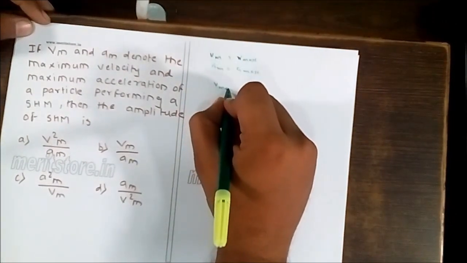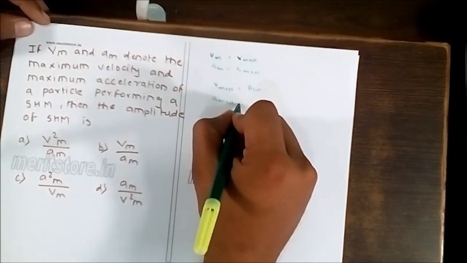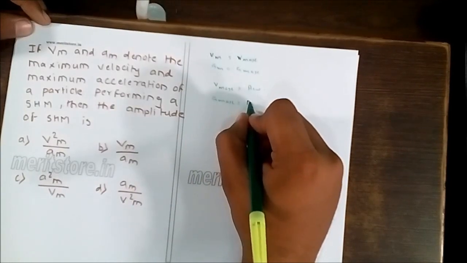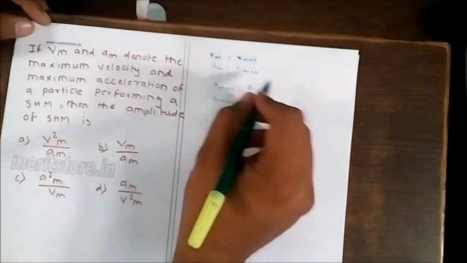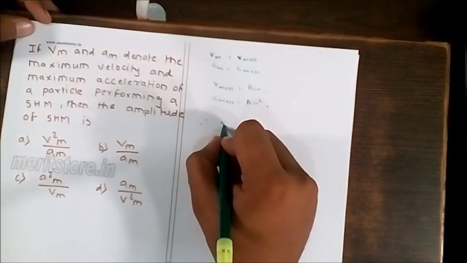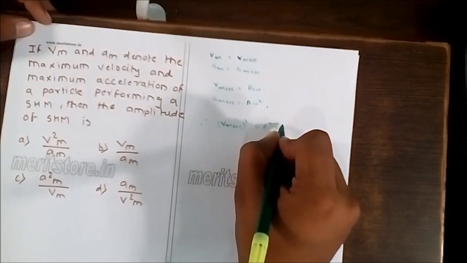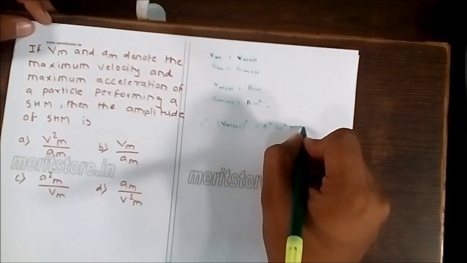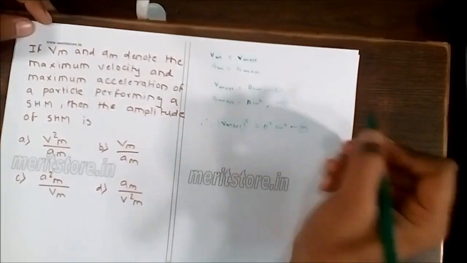We all know Vmax is equal to A omega and Amax is equal to A omega square. If we square Vmax, Vmax square is equal to A square omega square. This is my equation number 3, and these are 1 and 2.